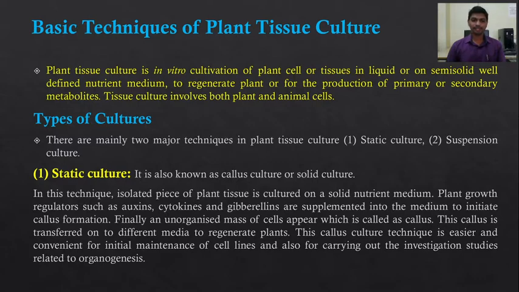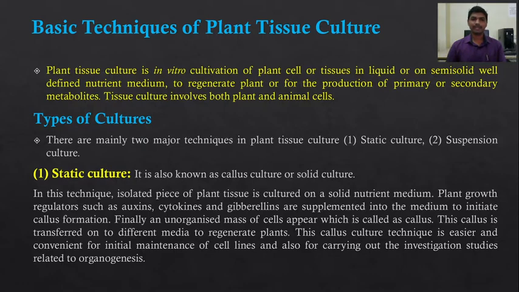Development of organs like shoot and root from the callus is achieved by transferring the callus onto different media that support the formation of shoot and root. If in the culture medium we use a higher concentration of cytokinins than auxins, it can induce the formation of shoots.